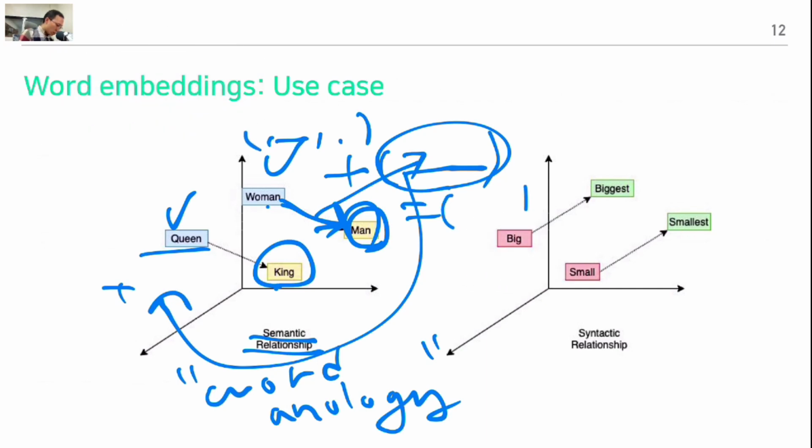And the big and small, biggest, smallest, also a similar relationship, but this is from the syntactic, I'm sorry. So from the similar vector addition computation, we can sort of infer the syntactic relationship.